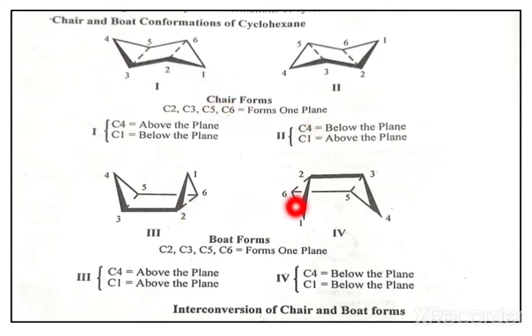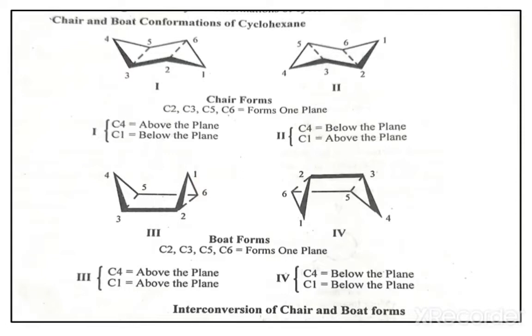And in the boat form, the C2, C3, C5, C6 are again in one plane, while both C1 and C4 are above or below the plane. This is the difference between the chair and the boat form.